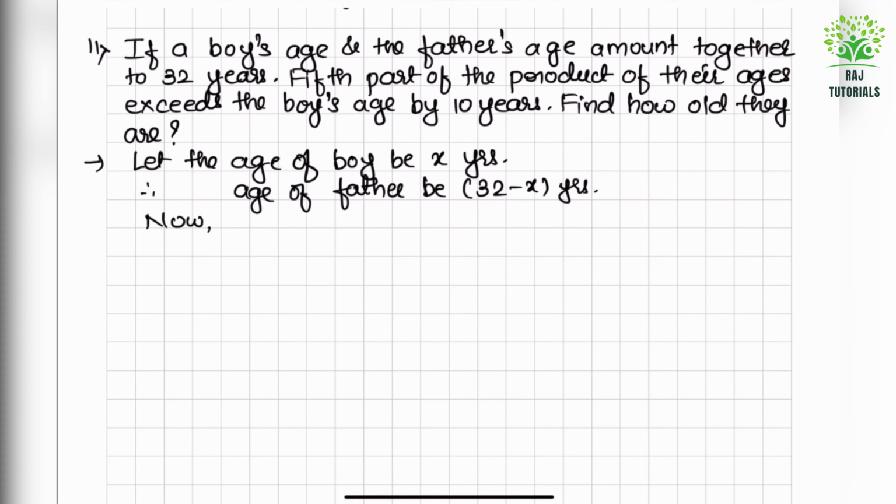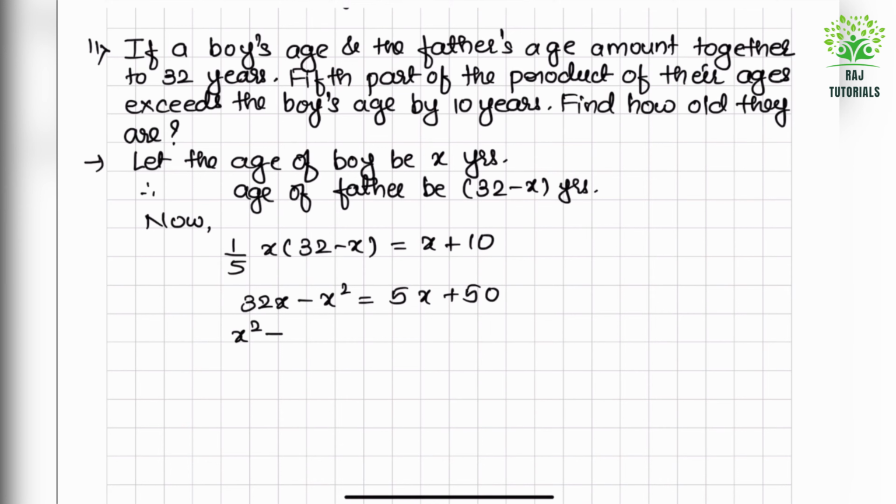Now, 1/5 of the product of their ages means 1 upon 5 x into 32 minus x equals x plus 10 years. So, I can say 32x minus x square equals 5x plus 50. Bringing everything on one side, x square minus 27x plus 50 equals 0.